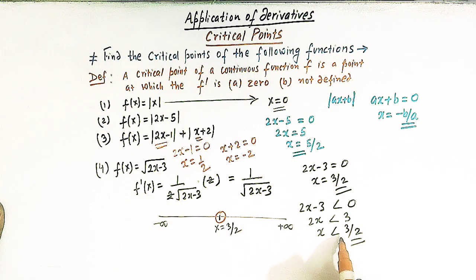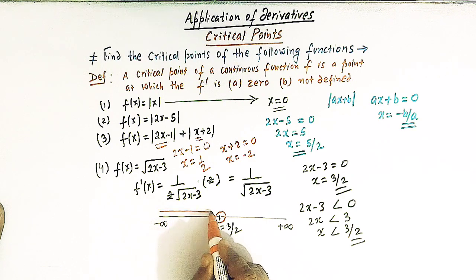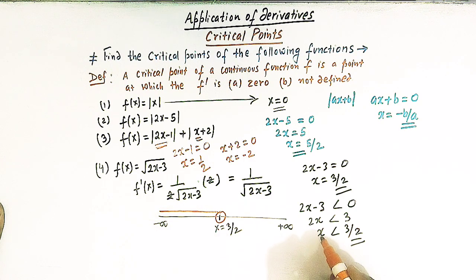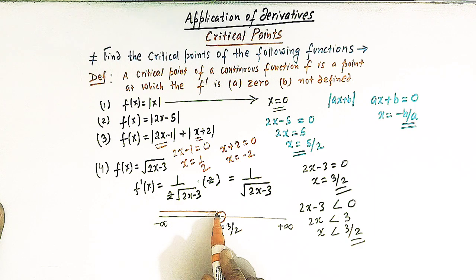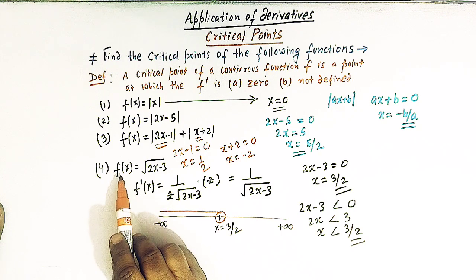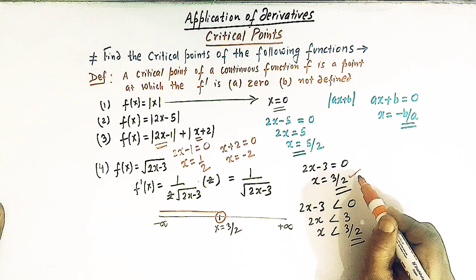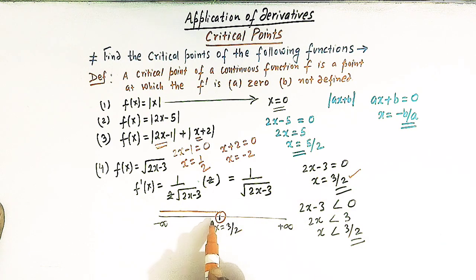And for x less than 3 by 2, it means for all these numbers which fall in this region, the derivative is not defined, right? So we can say that this function f of x has the critical point 3 by 2 along with all those numbers which lie in this region, that is the shaded region, right?